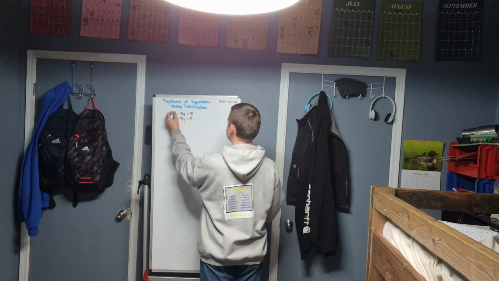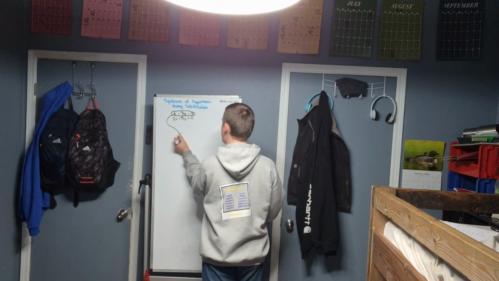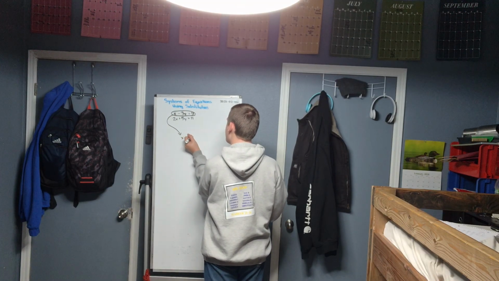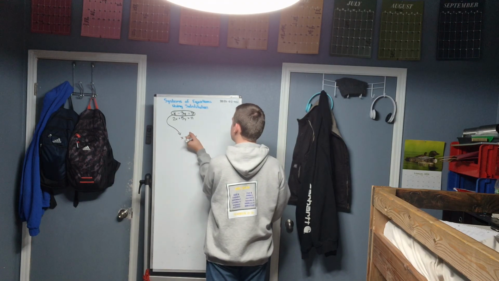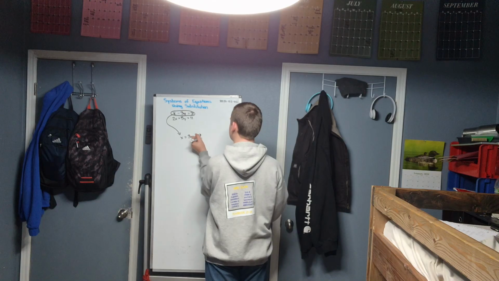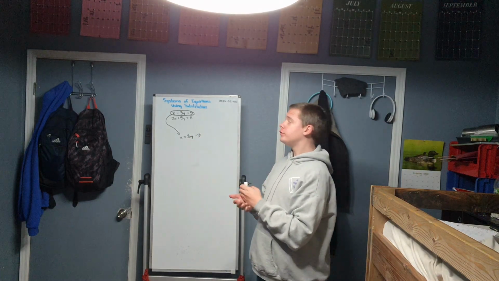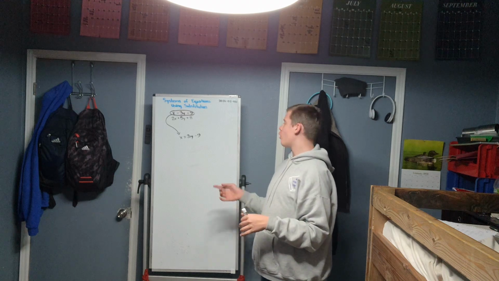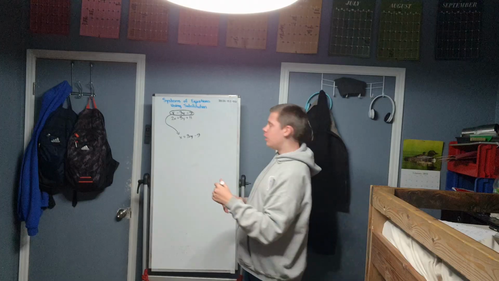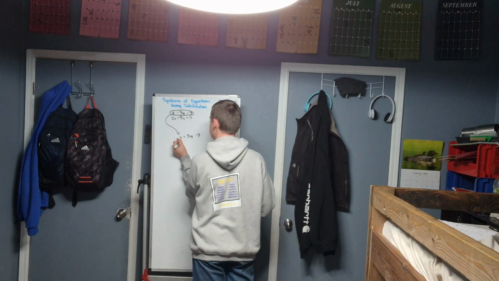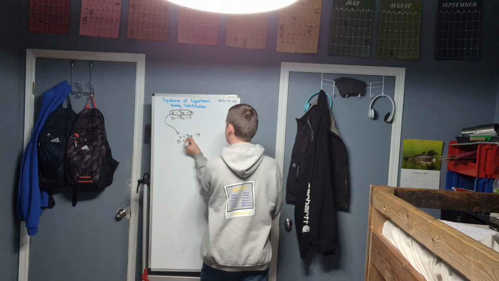Now this here turns into x equals 3y plus 9. Sorry. Now, this is kind of like flipping this around. Now I have 2x plus 5y equals 11.